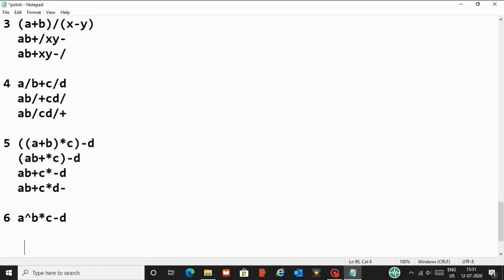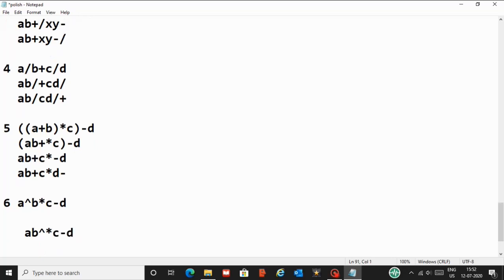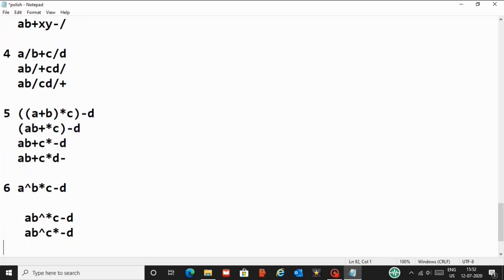So exponentiation has the highest priority. I will start with that. A, B, cap, then star C minus D. Now multiplication and subtraction. Multiplication has a higher priority. So it will be A, B, cap, C star, minus D. So I am still left with minus.